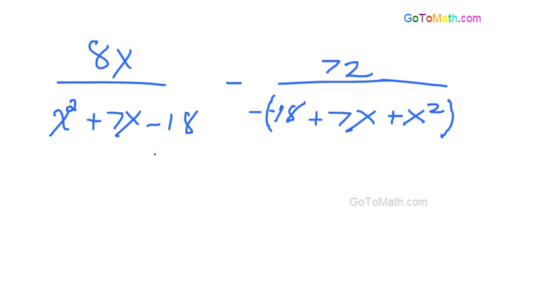See that? Now that's a trick. So we have a negative 18, positive 7x, and positive x squared. But I have a negative here, and we have a minus here. So believe it or not, a minus times a negative is positive. And then we have a common denominator.